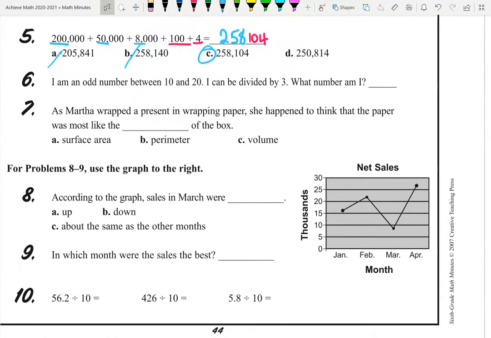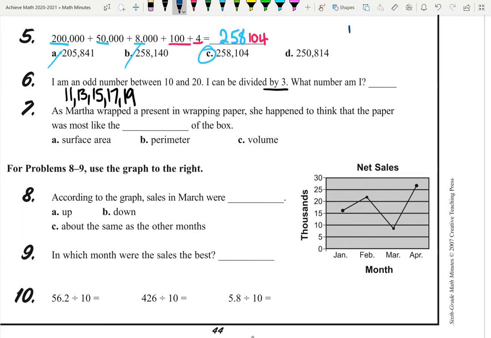All right, number 6, I am an odd number between 10 and 20. Odd numbers are numbers that are not divisible by 2. That means 11, 13, 15, 17, 19. I can be divided by 3. That means whatever number is divisible by 3, when you divide it, does it have a remainder?